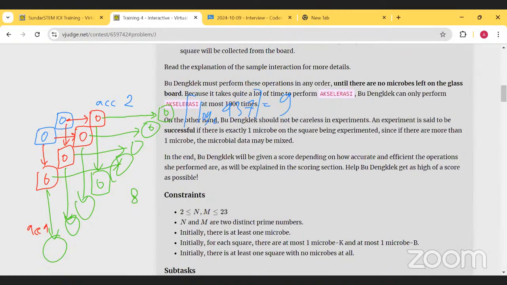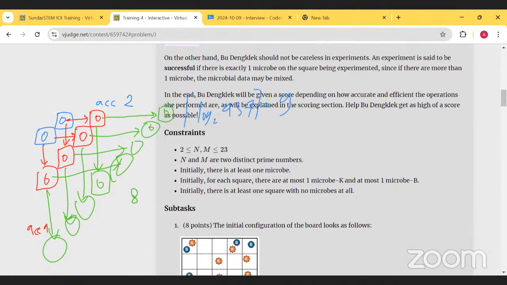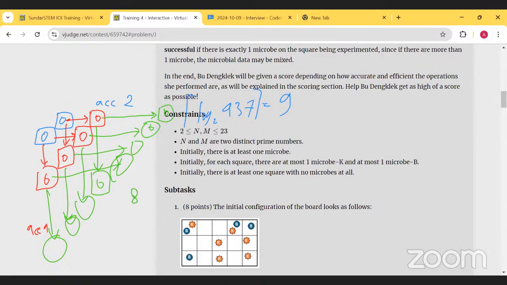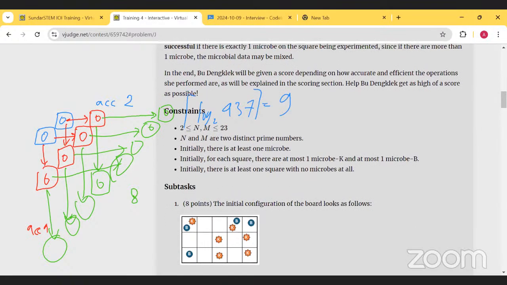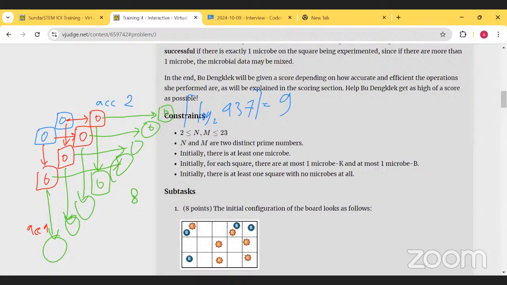Okay, any other question or any comments about this problem? What does the prime number contribute?